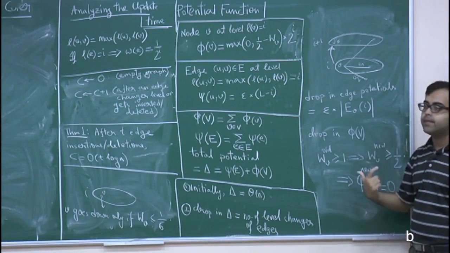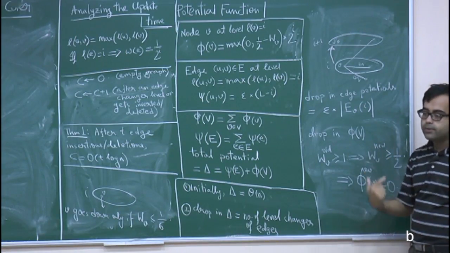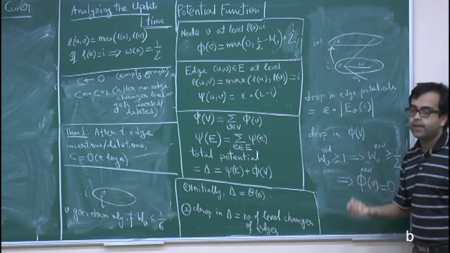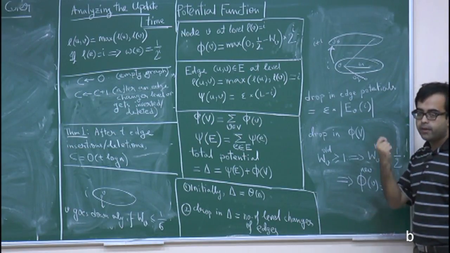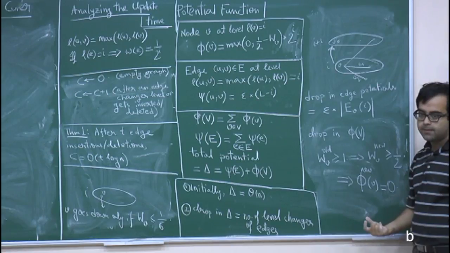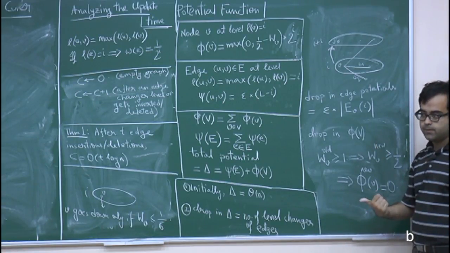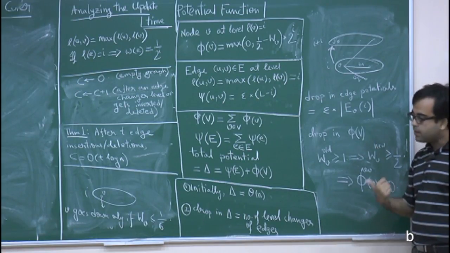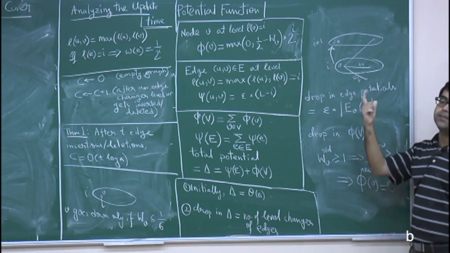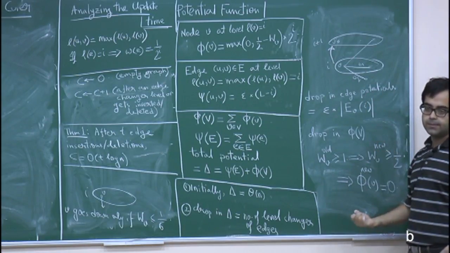If a node is a neighbor of V, what is going to happen? Its weight can only decrease, because the levels of some edges are increasing. So, the weights can only decrease.